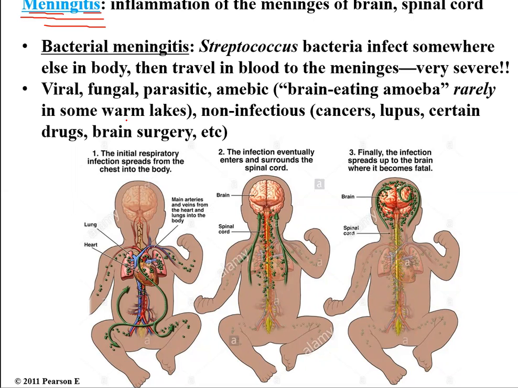So some kind of protist, or even a virus can infect these coverings around the central nervous system. Bacterial meningitis is often the most common, and that's caused by a strep bacteria.